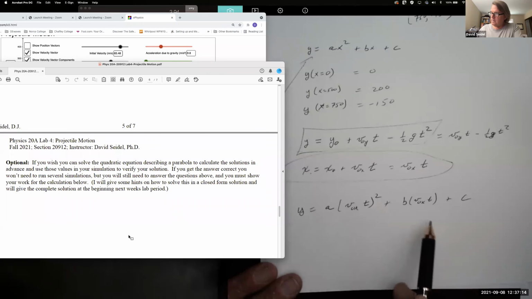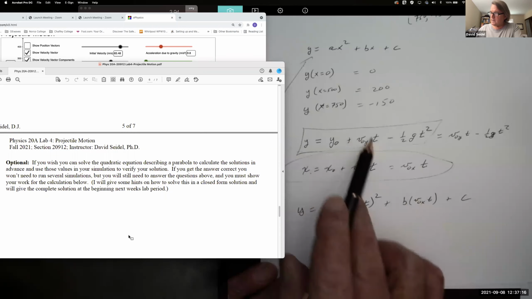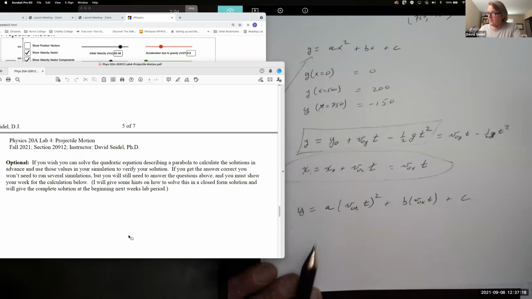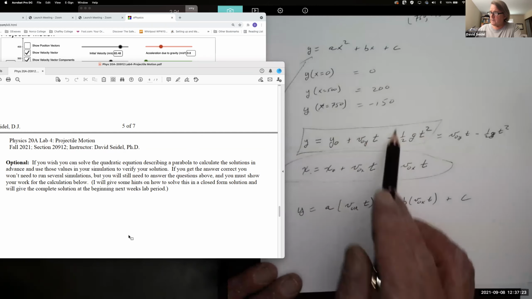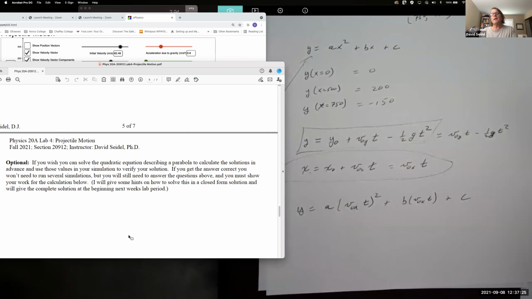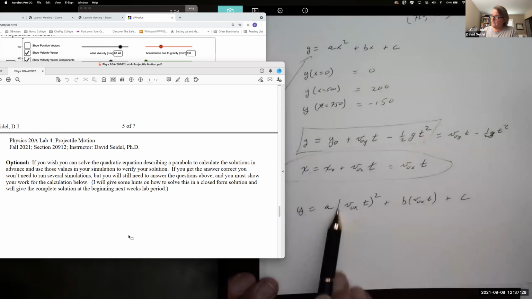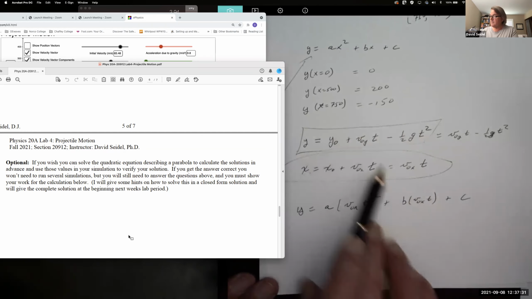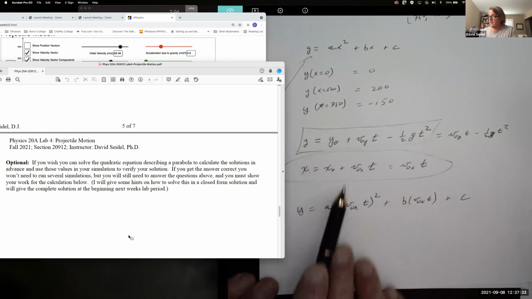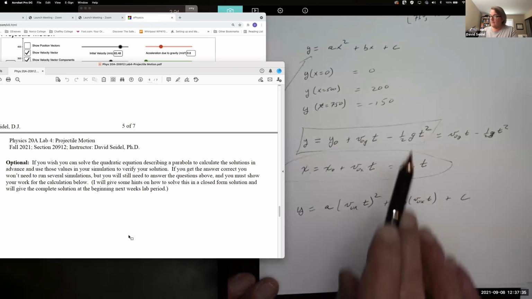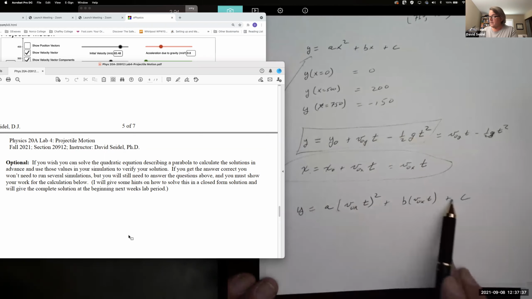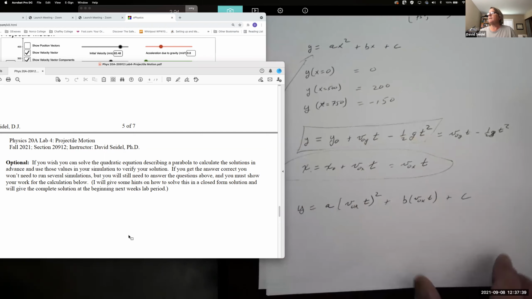You know, b v0x kind of looks like v0y. It's just got a t in there. A v0x squared kind of looks like minus 1/2 g. So you can look at this and say, oh, these coefficients must be the same. The coefficients in front of t here, they've got to have the same value because I've got it written and they've got to carry out the same thing.